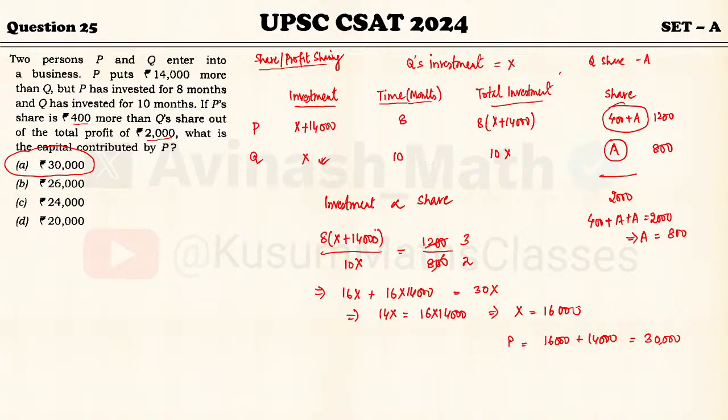Total investment is nothing but the investment for a certain period of time, and it is actually proportional to the share. So share ratio is 3/2, so their investment would also be in the same ratio. By solving this equation, you would get the value of X as 16,000. Then P's contribution, which is 14,000 plus X, is nothing but 30,000 rupees, right?